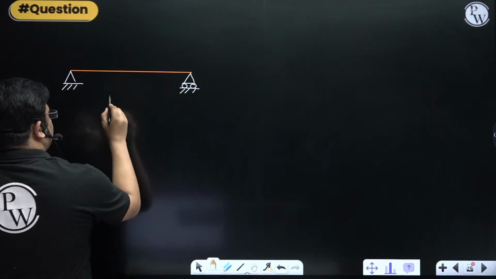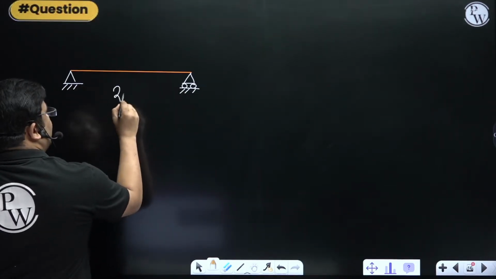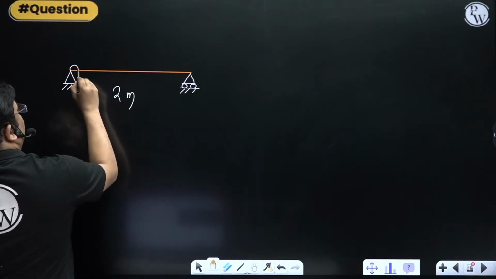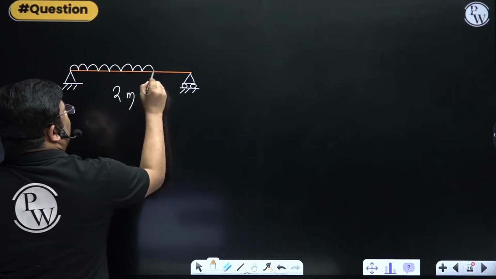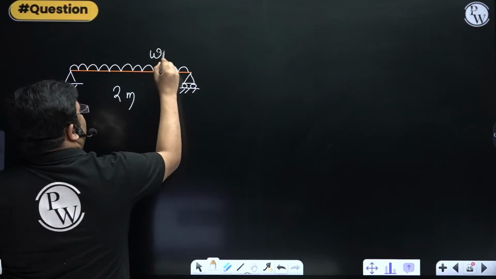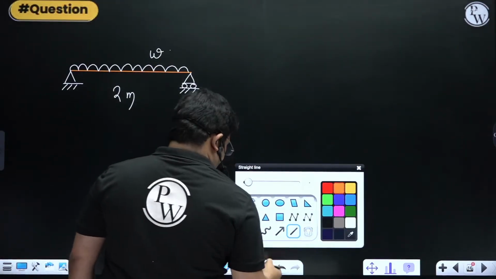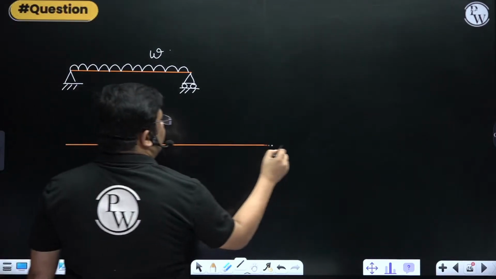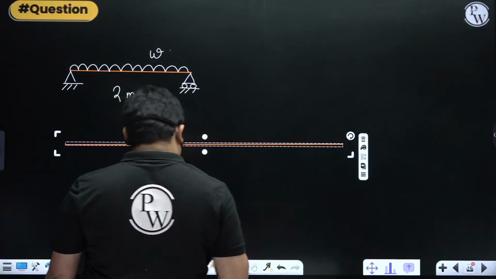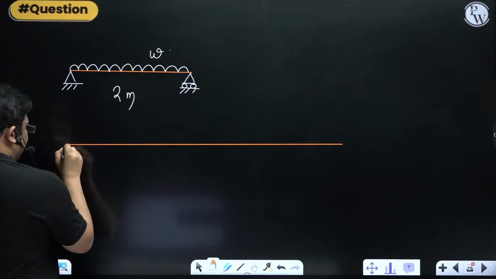Suppose this has 2 meter of length and a loading of W, right? Another one is also a simply supported beam, but it has a length of 4 meter.